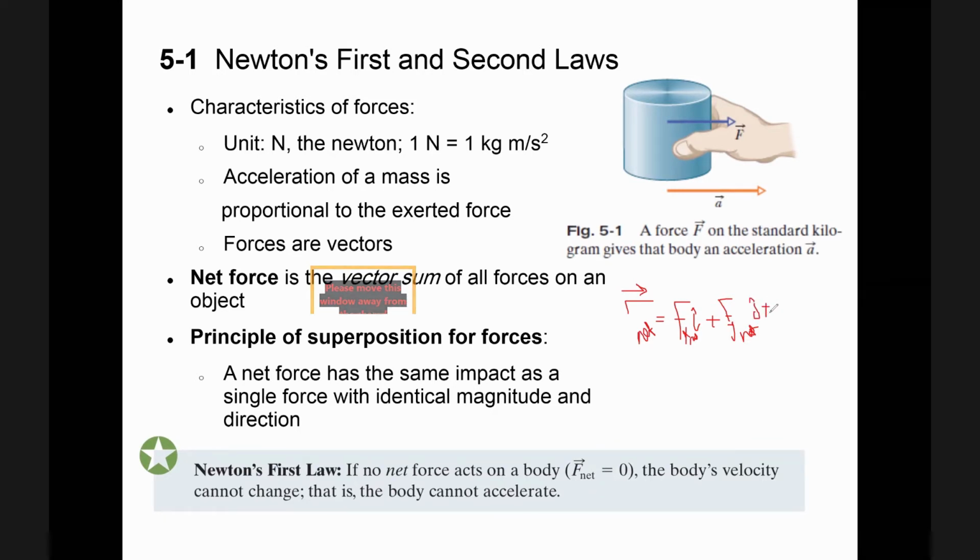I have the right to write it like this. It's a vector, it can possibly have Fz in 3 dimensions. F net z k hat equals ma.